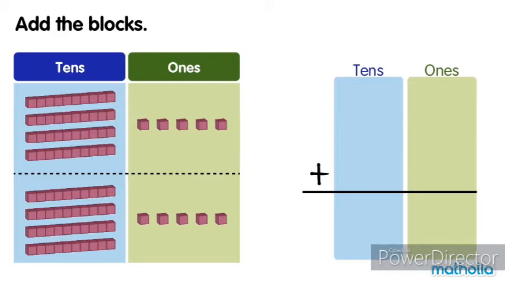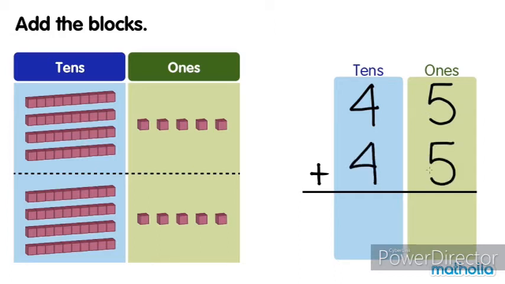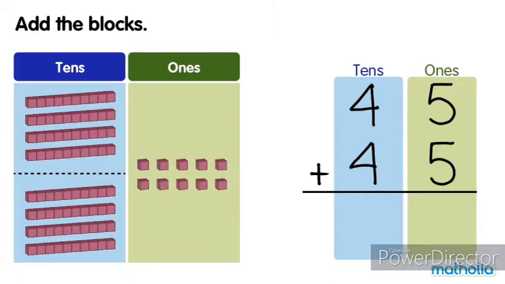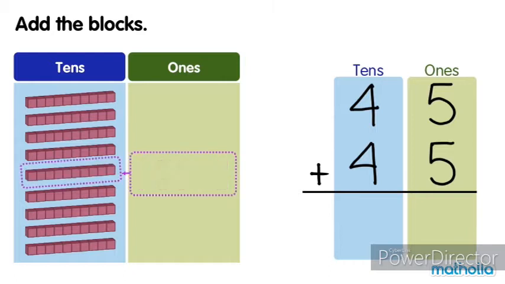Add the blocks. There are 45 blocks and there are 45 blocks. Start by adding the ones. 5 ones plus 5 ones equals 10 ones. We can regroup the 10 ones into one 10.